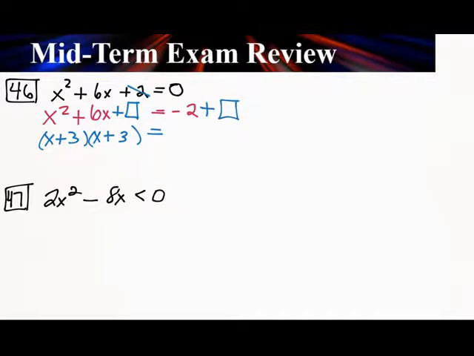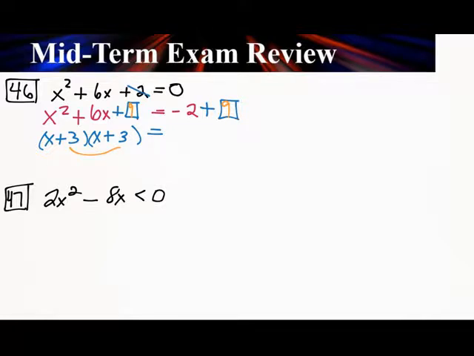But in order to make this equation work, in order to make it equal, I have to tell what 3 times 3 is going to be, and that is 9. So I place a 9 in here, which basically I've totally changed the equation now. But in order for the equation to stay balanced, I'm going to place the 9 in here as well. So just putting a 9 into the equation means I put a 9 on the other side, okay?